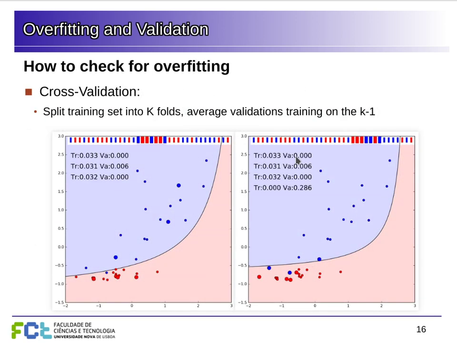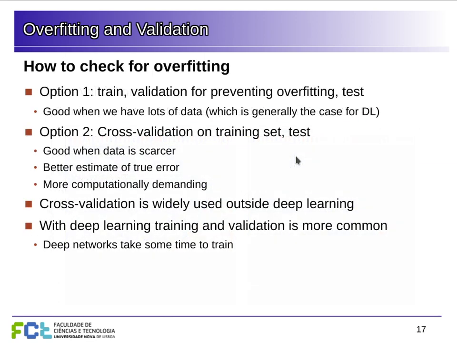This is very good when you don't have much data, because you don't need to set aside one set of points for validation. You end up using all of your training set, and it gives you a good estimate of the true error, the error outside this training set, because you're averaging over the different estimates.